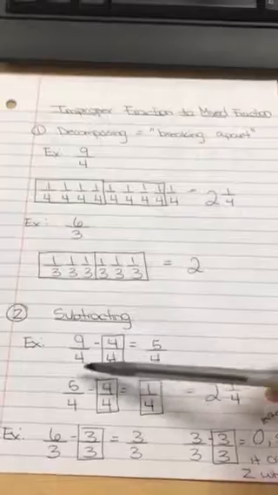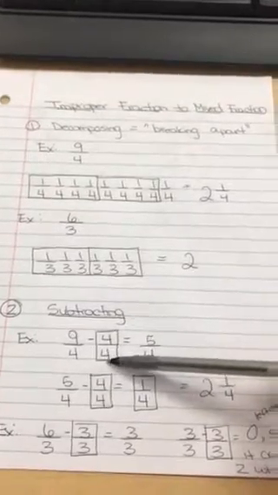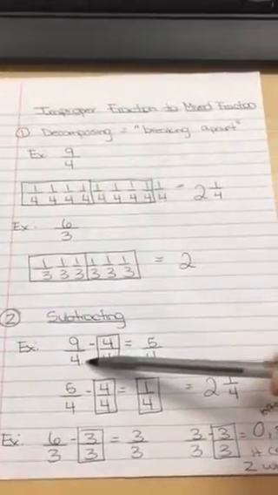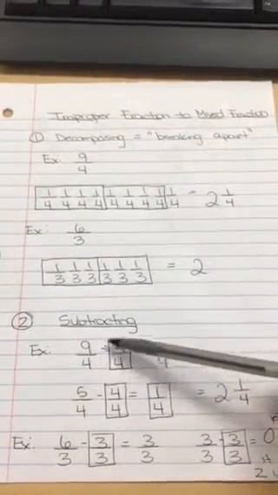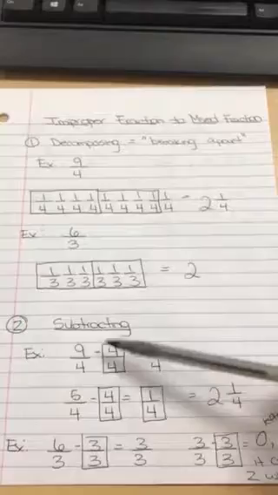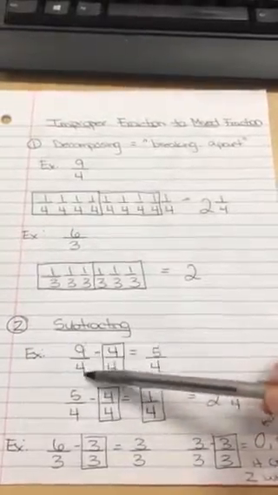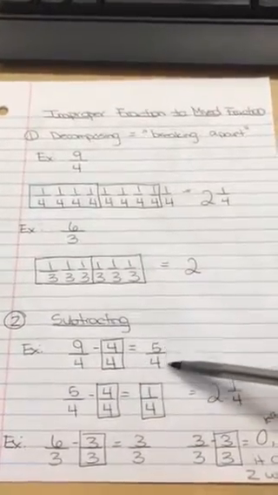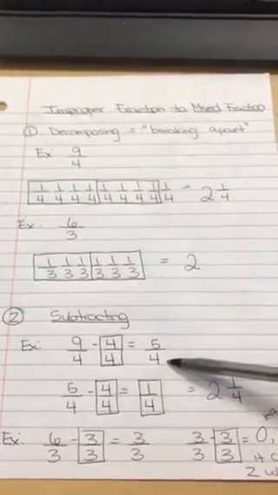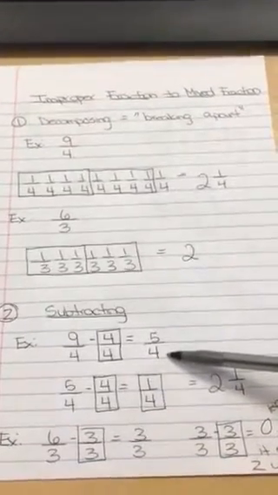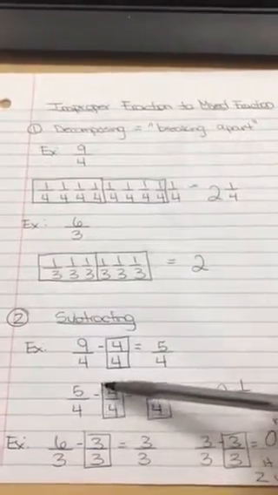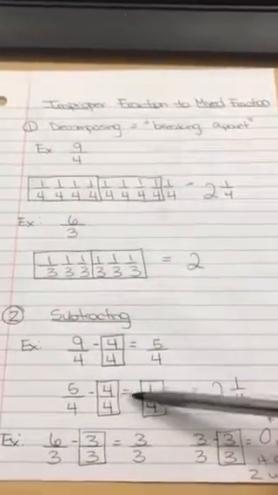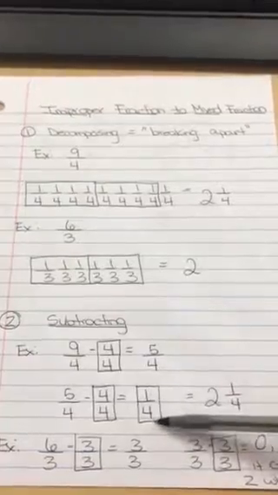The reason I knew to put 4/4 is because that denominator told me that. So I'm going to take away 4/4, and I'm going to box it, showing that I took a whole away from this original fraction. I'm left with 5/4. Do I have enough to take another whole away from 5/4? Yes, I do. I'm taking another whole away, and I'm left with 1/4.